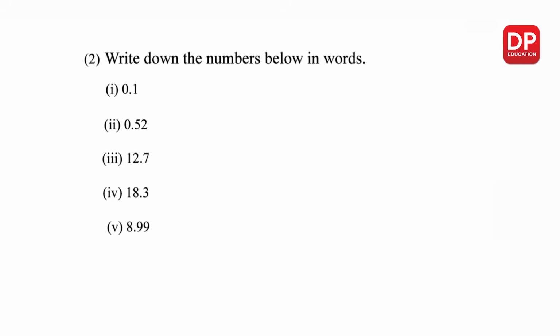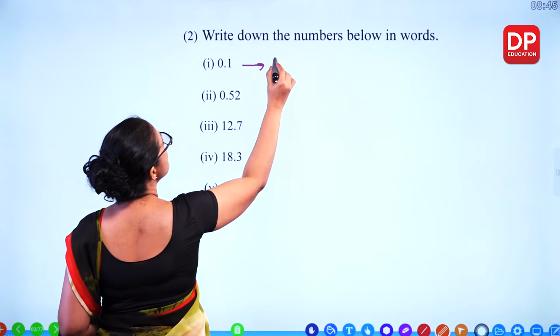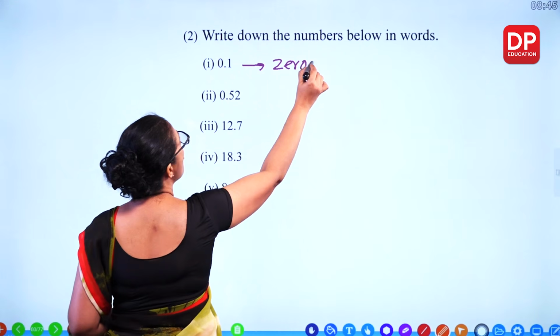Write down the numbers below in words. How we write this one? 0.1.